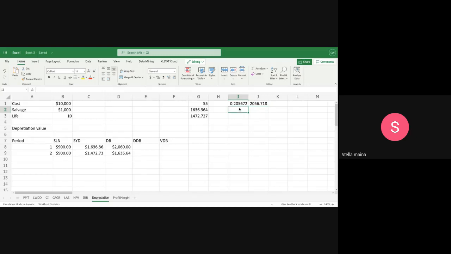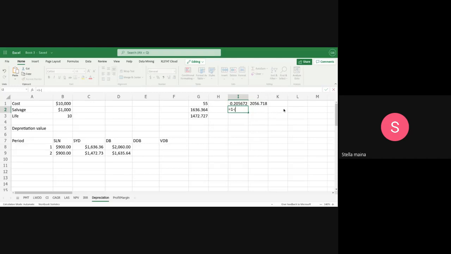So let us do the second period, just to drive that point home. We will do is equals to 1 minus the salvage, not salvage cost, but just salvage.